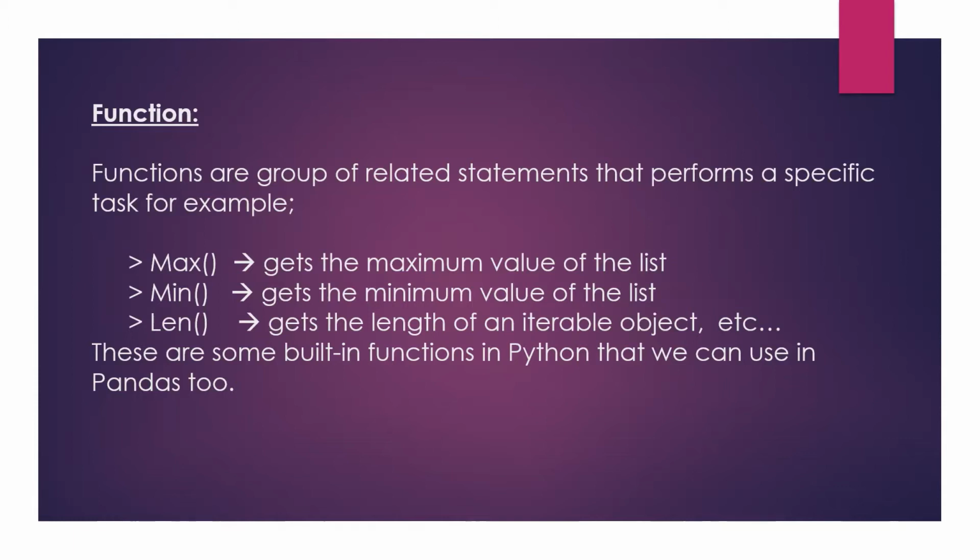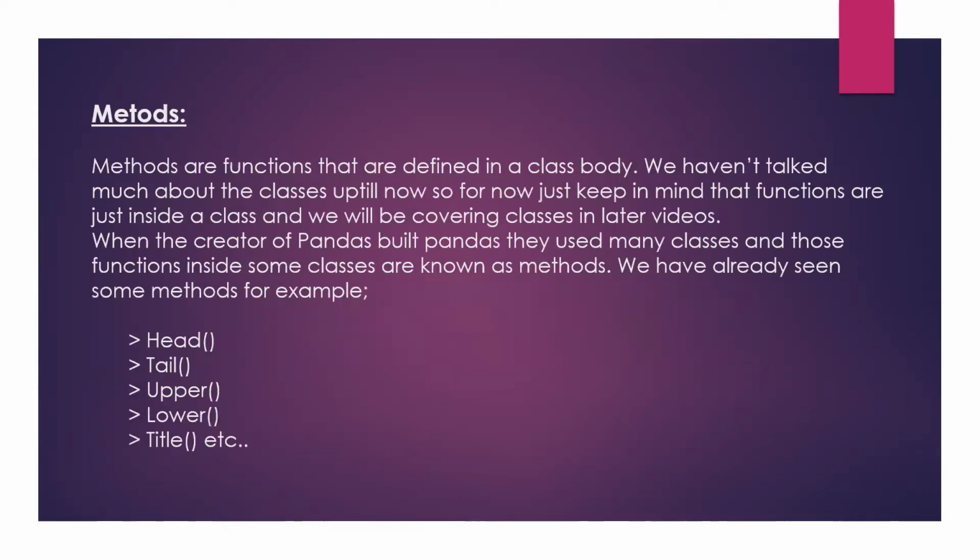Then we use the length function to see the length of an object, which can be a list, dictionary, or a data frame. So these were some functions we saw. Then we saw the methods: head method, tail method, upper, lower, and title method.